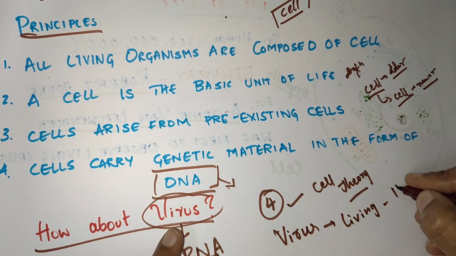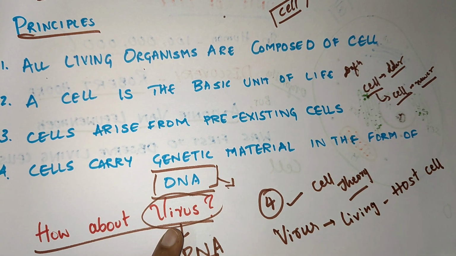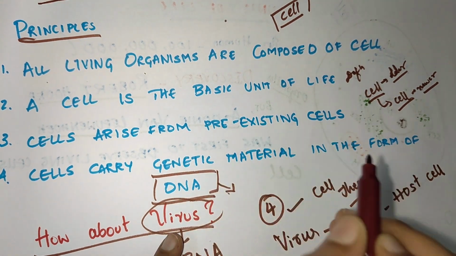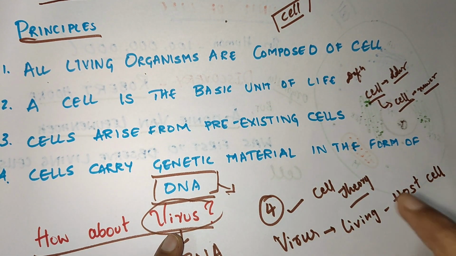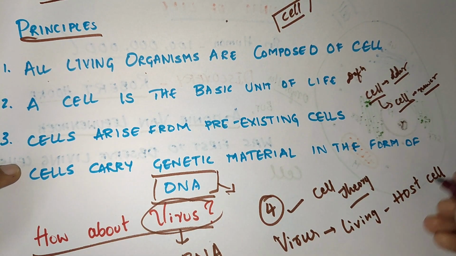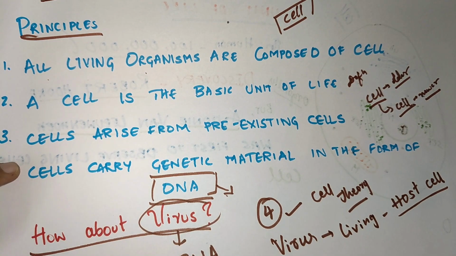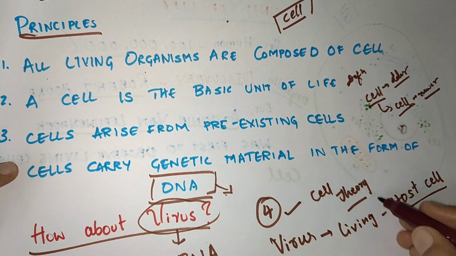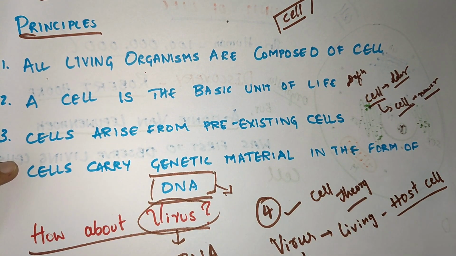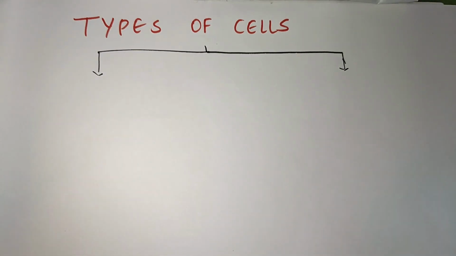When it is in a host cell. जब ये host cell में रहता है तब ही ये living रह पाता है. So these two don't relate to the virus. Virus के लिए ये दो applicable नहीं होंगे because virus is only living when it is in a host cell and also it carries RNA as genetic material. Clear?